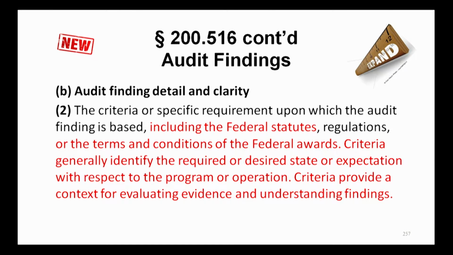Criteria generally identify the required or desired state or expectation with respect to the program or operation. So criteria provide a context for evaluating evidence and understanding findings. Again, this is what your auditor is required to provide to you in your audit report if they write a finding.